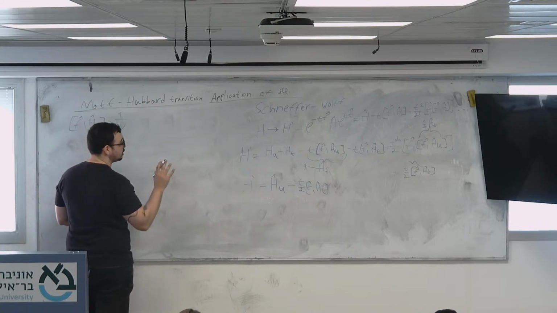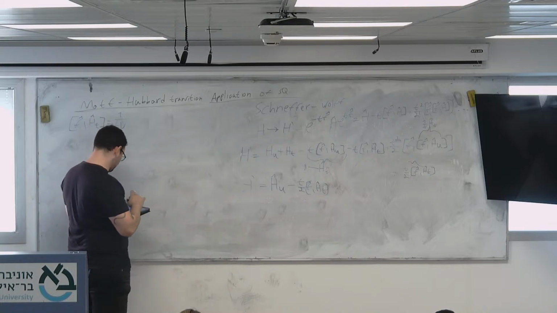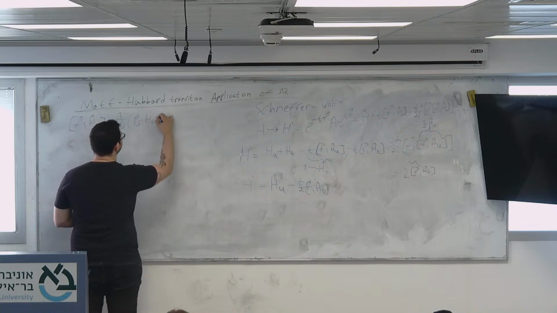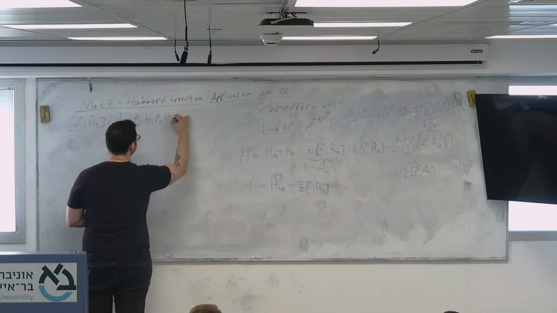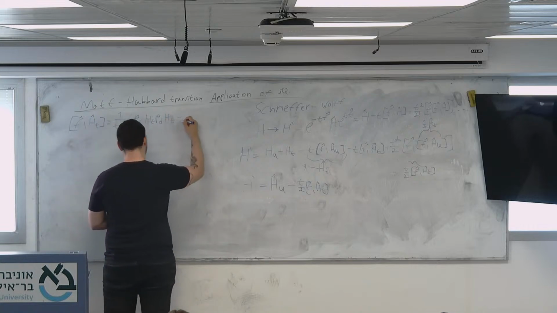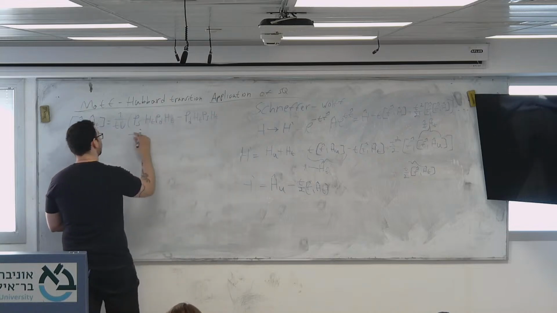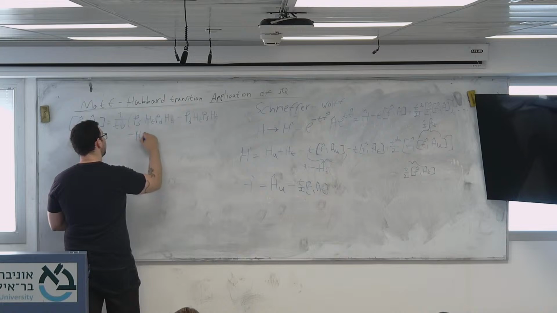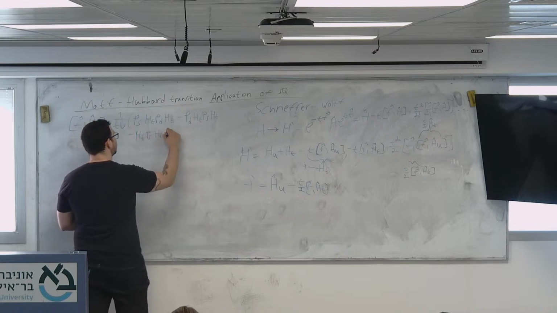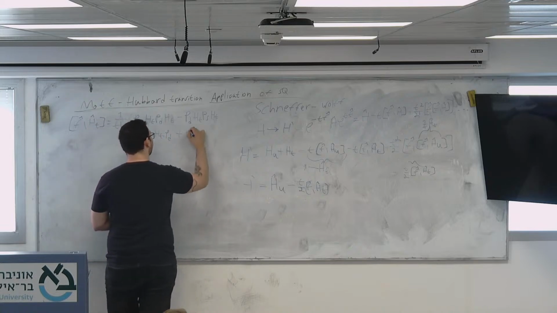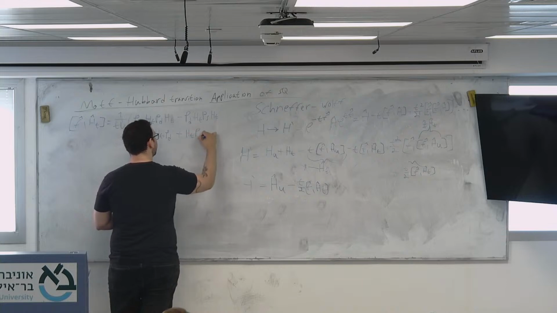I'm just opening it straight from the definition of F and HT. So PS HT PD HT minus PD HT PS HT minus HT PS HT PD plus HT PD HT PS.